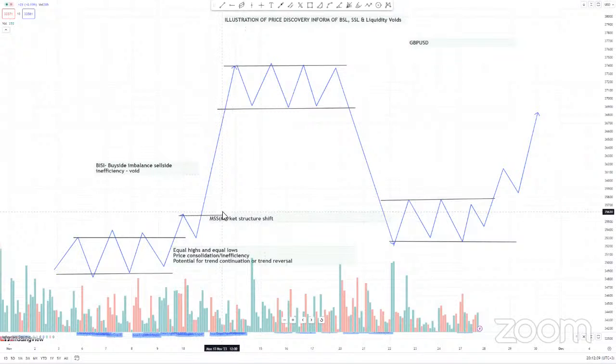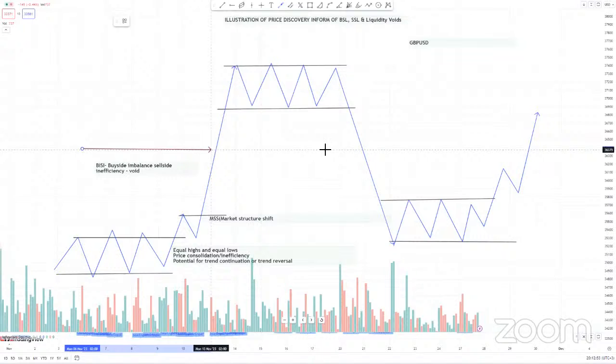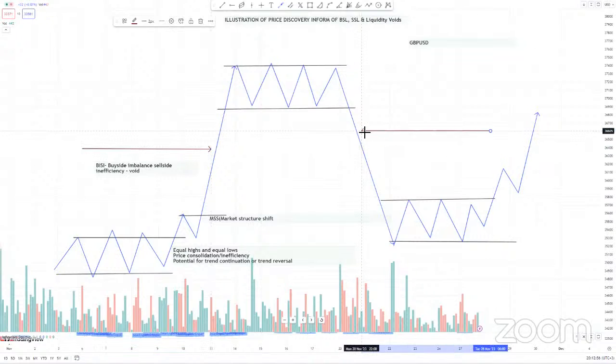So whenever there's a market structure shift higher, we would ideally be looking for trades where we're trying to sell back into this void that has been created. We are seeing this void on this end, but we'll also be able to see that when price gets to the other side, there's a void that has to be filled.